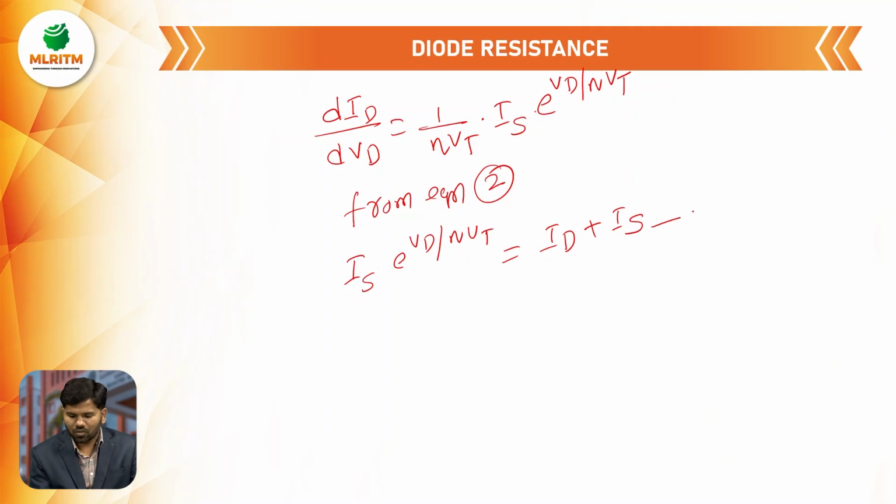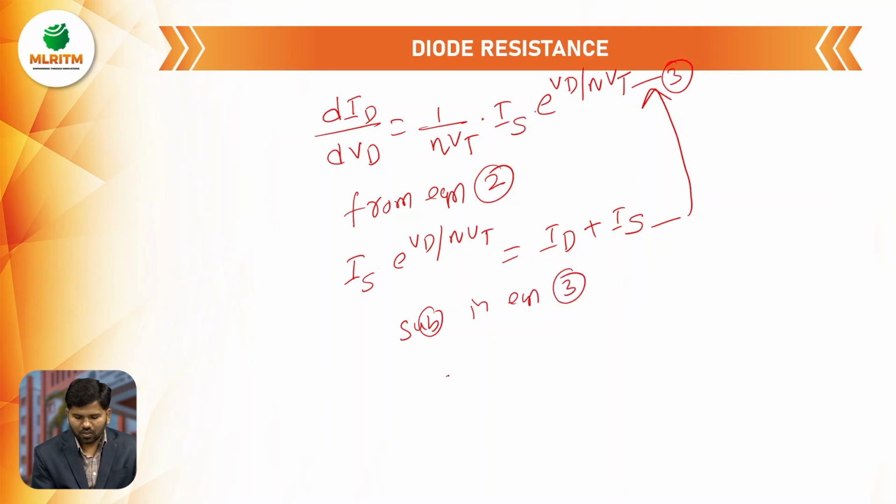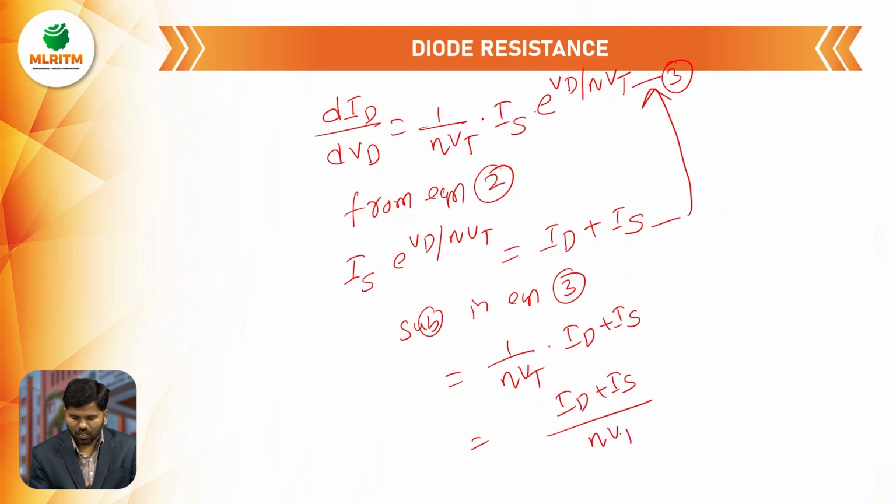Consider this as equation 3. Now substituting in equation 3, we will get 1 by eta VT into ID plus IS. So that is ID plus IS by eta VT, which is the differentiation of ID with respect to VD.